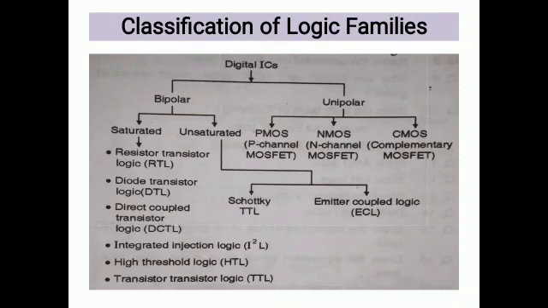DCTL means direct coupled transistor logic. Integrated injection logic, and TTL, that is transistor transistor logic. So these are all the saturated bipolar ICs. Depending on the component they are classified.